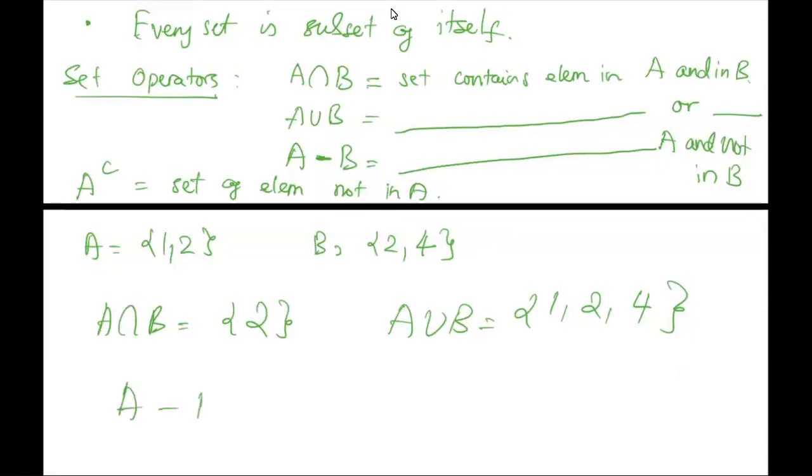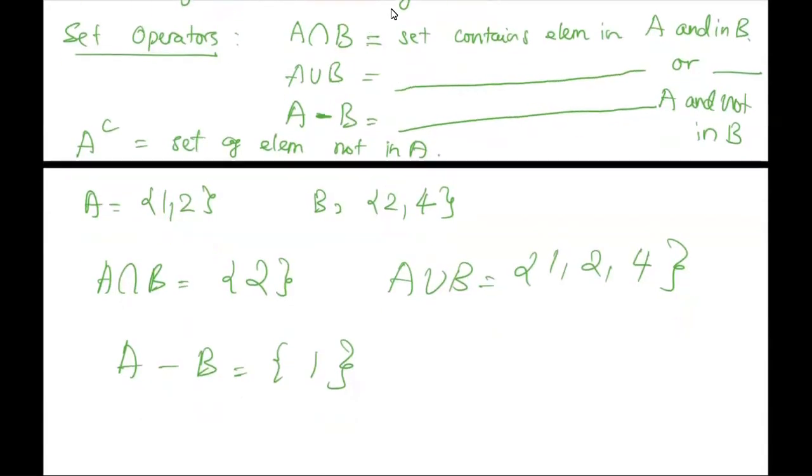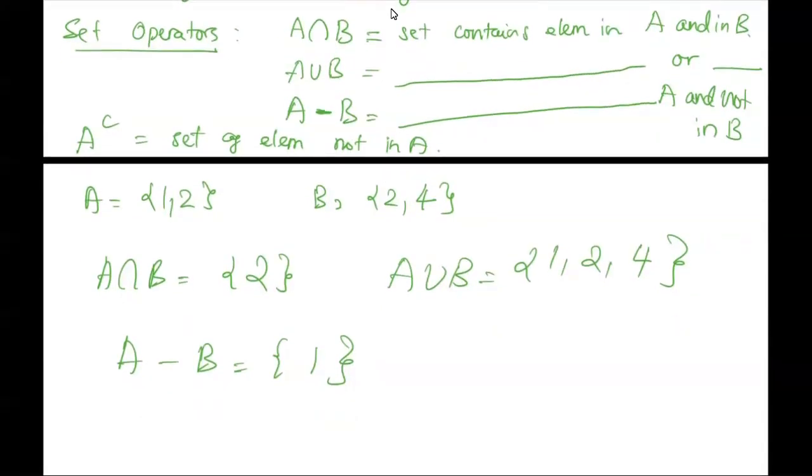And then A subtract B would be the elements in A and not in B. So 1 is in A and 1 is not in B. So I will write 1 down. 2 is in A and 2 is in B. So I will not write 2 down. So A minus B would give me the set of element 1.